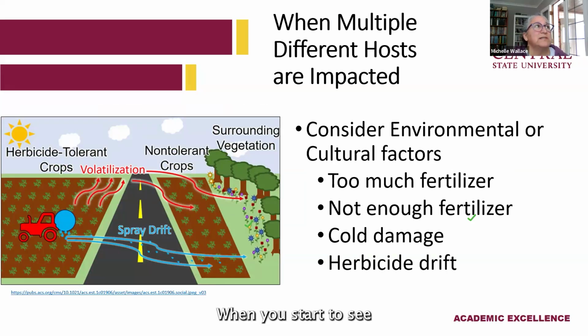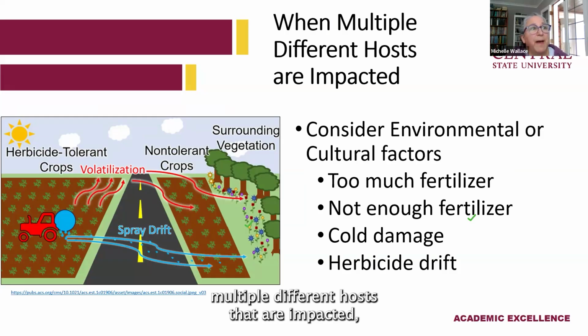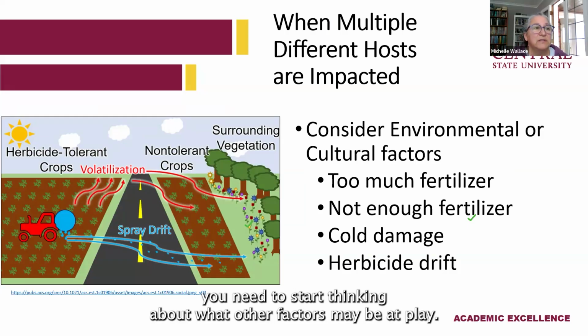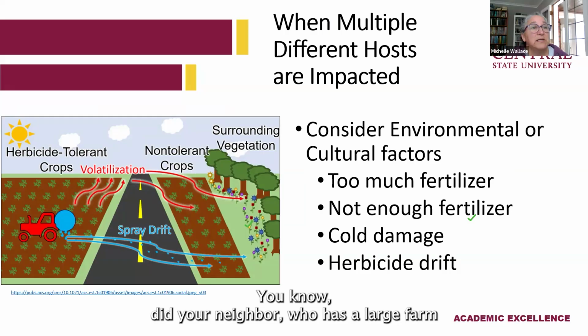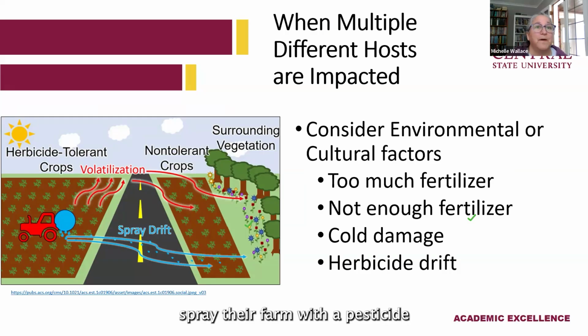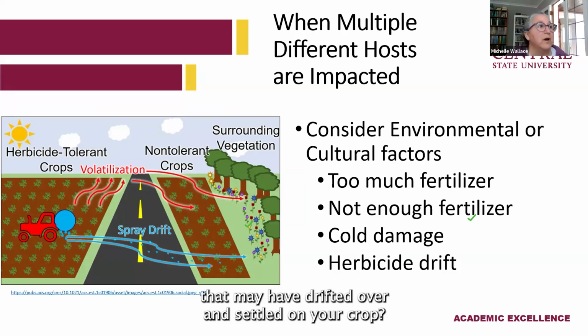When you start to see multiple different hosts that are impacted, you need to start thinking about what other factors may be at play. Did your neighbor who has a large farm spray their farm with a pesticide that may have drifted over and settled on your crop?